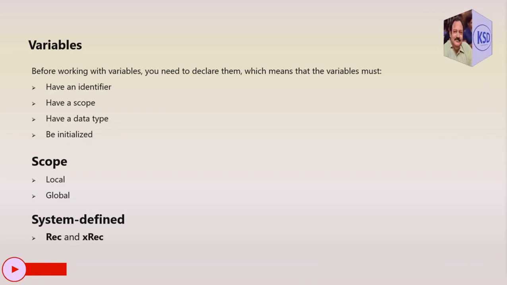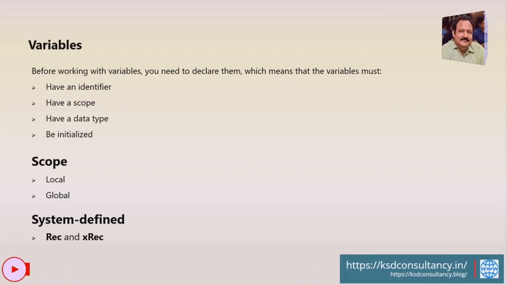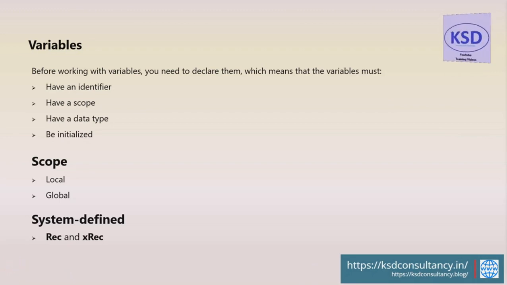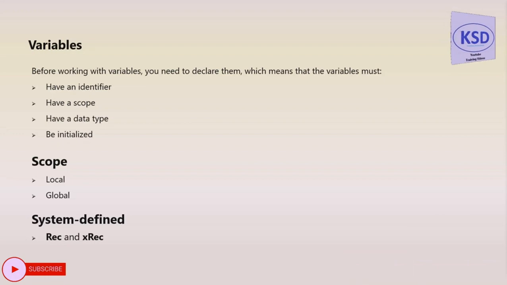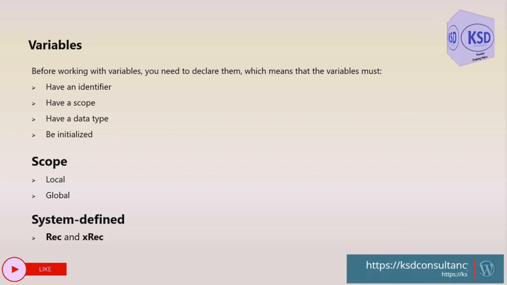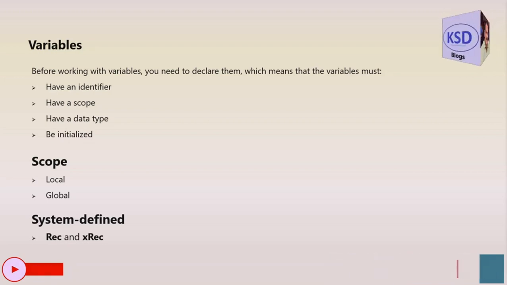Like, you have retrieved a record from the system and changed some value in a field. What was the previous value before this data was updated? That previous value is stored in xRec, and Rec is your current record value.